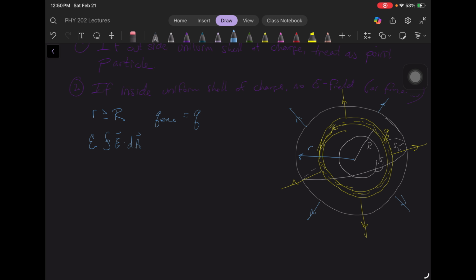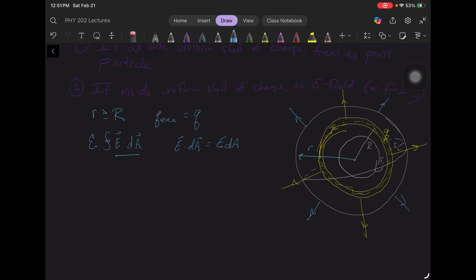Okay, so since these are going to be parallel, we can say E dot dA is equal to just E dA. If you wanted to, you could rewrite this as E dA cosine theta, where theta is equal to 0, so cosine goes to 1, and you just get the E dA, right? There's a couple different ways you can look at this and justify it. But we're just going to go ahead and say E dA.